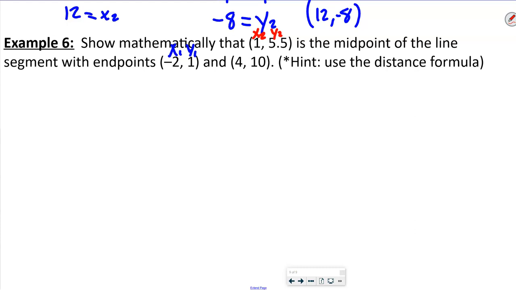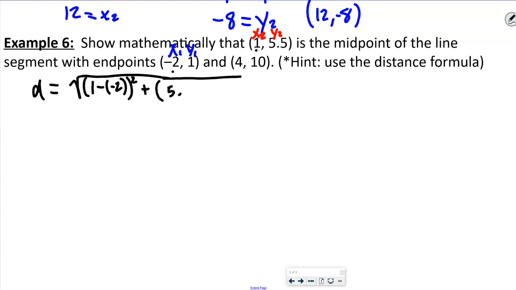So when we do this, we're going to do our distance here, and that's going to be equal to the square root of 1 minus a minus 2 squared plus, so I'm doing this, y'all, right here, those two, okay? And then I'm going to do 5.5 minus 1 and square that as well.